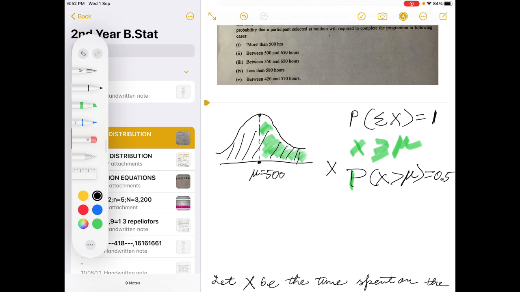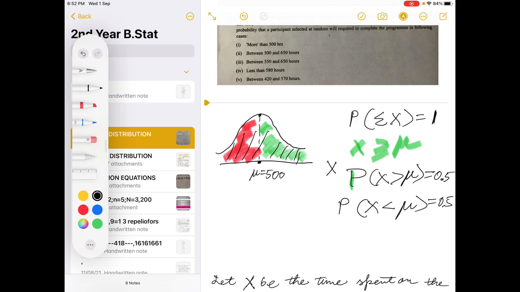The area on the left side of the mean, the red shaded area, is also equal to 0.5. So the probability of all x's less than mu is equal to 0.5.